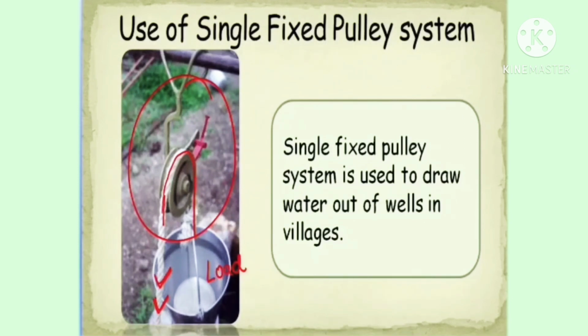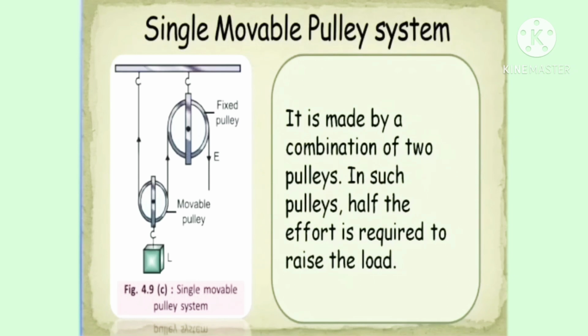Let's move on to the second one, the single movable pulley system. The name suggests that one pulley is movable while the other is fixed. In this case, let's say this is pulley P2 and this is pulley P1.